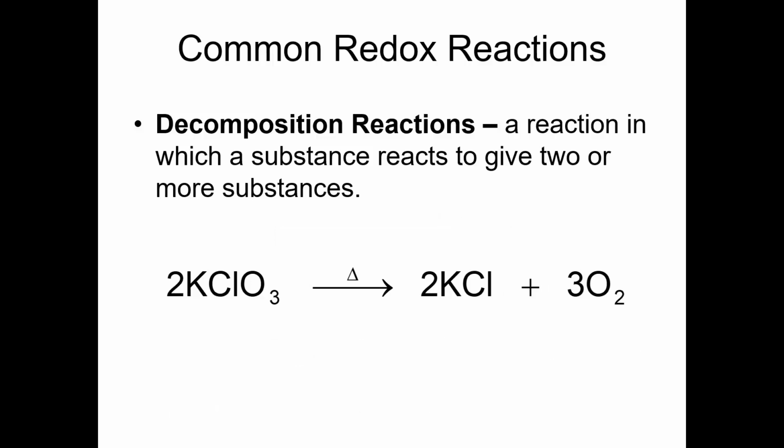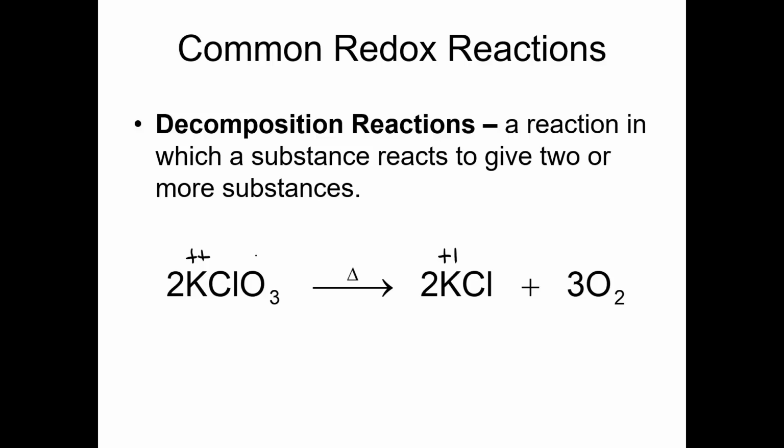Okay, looking at another reaction, we can identify each oxidation number. If you remember what ClO3 is, chlorate has a -1 overall charge. That means the potassium is +1, or actually potassium is in group 1. It is going to be +1 unless it's by itself. So nothing changes here.